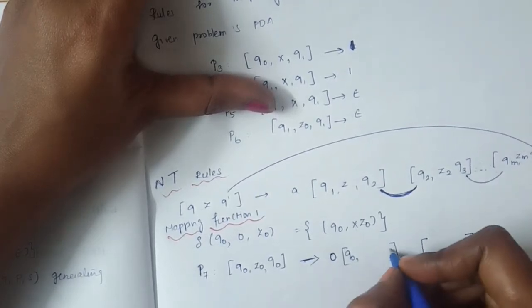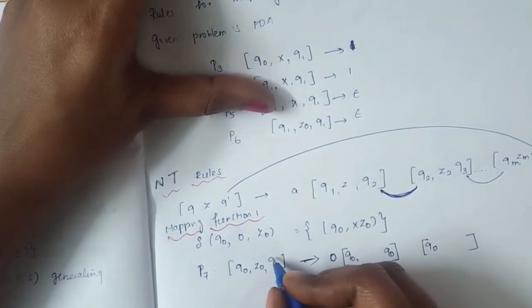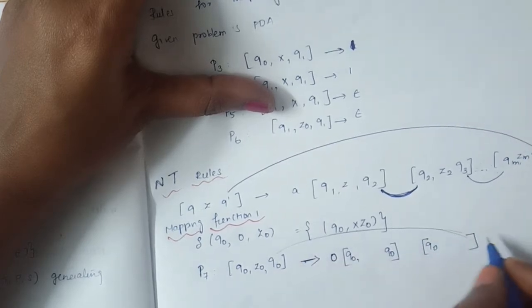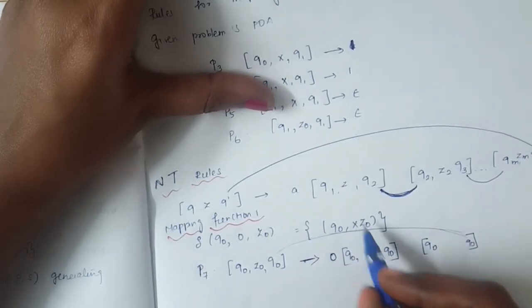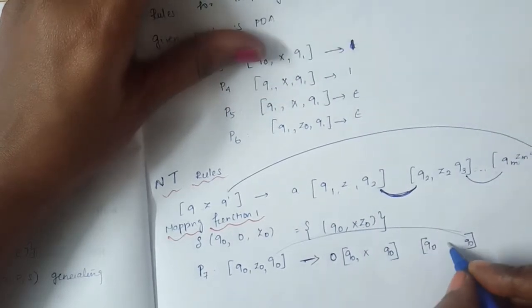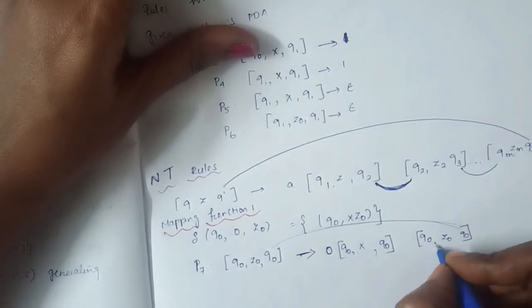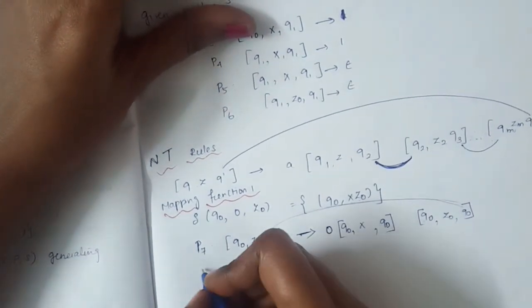If I put Q0 over here, it should be matched with this one. The last term and this last term will be matched, and in the middle part, x will be over here and this particular z0 will be over here. Similarly we have to write several combinations.